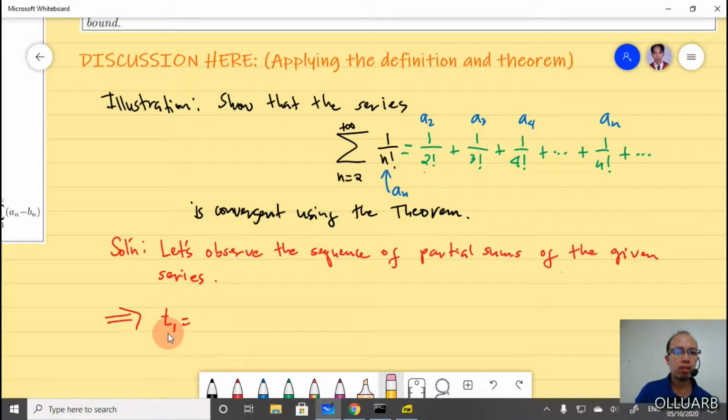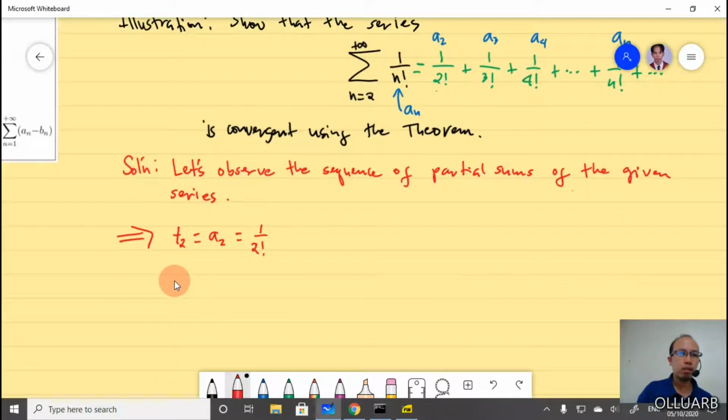So what we will do here is write t2 as our first term, which is 1 over 2 factorial. So this is the first term of the sequence of partial sums.